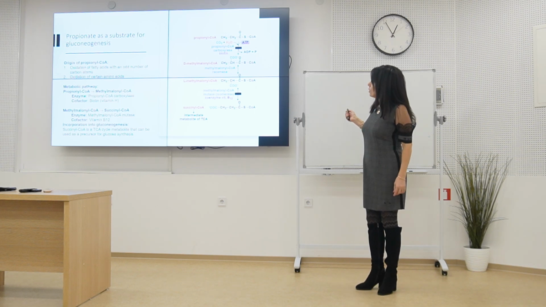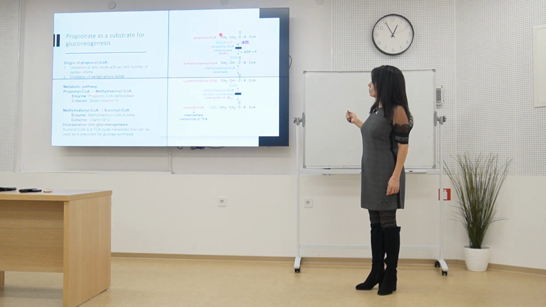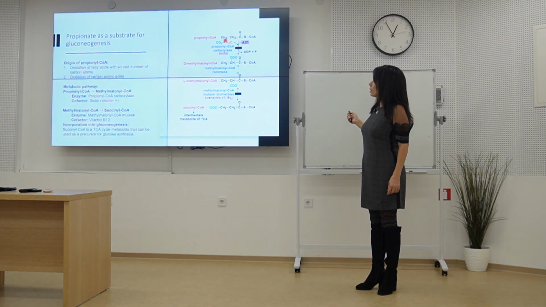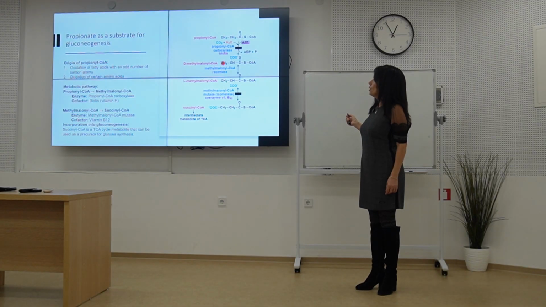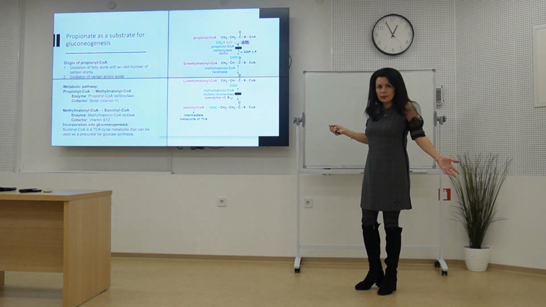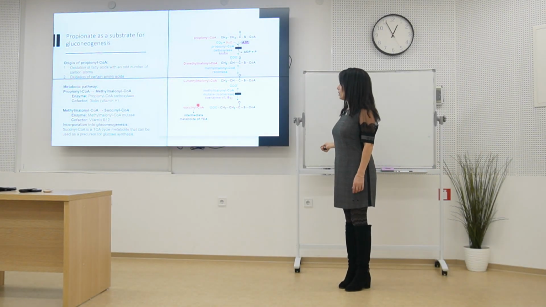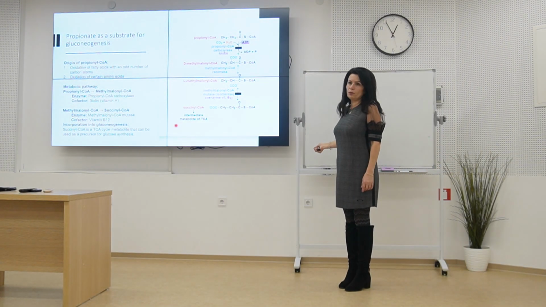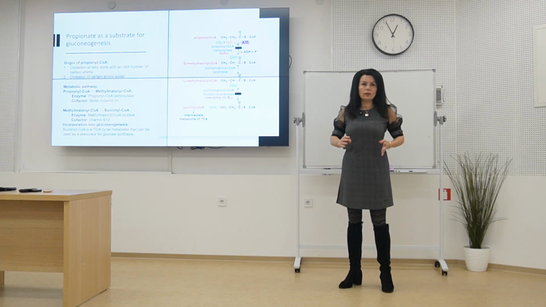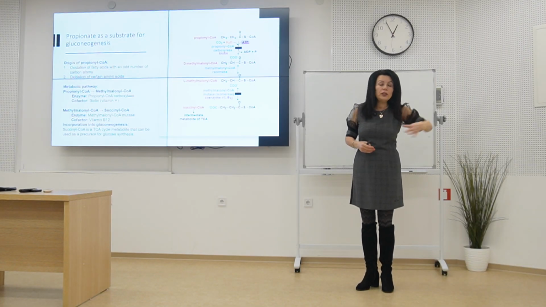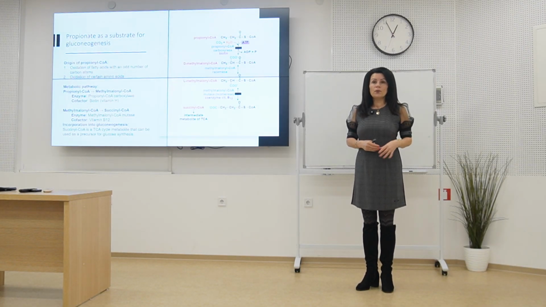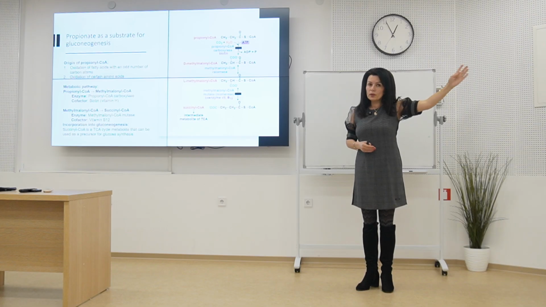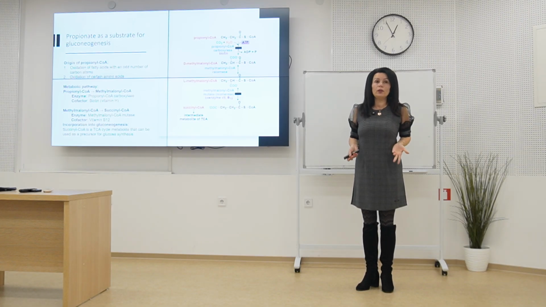This compound consists of 3 carbon atoms and can be converted to D-methylmalonyl coenzyme A, then L-methylmalonyl coenzyme A, then succinyl coenzyme A. Because succinyl coenzyme A is an intermediate of the Krebs cycle, it can enter the Krebs cycle and continue the reactions to oxaloacetate. If oxaloacetate is produced, it goes directly to GNG in the end.